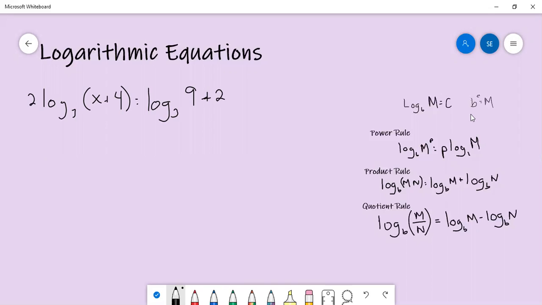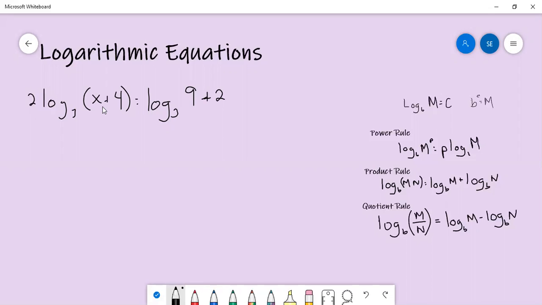Okay, so we want to get all of our log base 3 stuff together. You could look at this and say log base 3 of 9 is 2, and that's 4, and simplify it that way. But I'm going to go through just using our log rules and combining things.